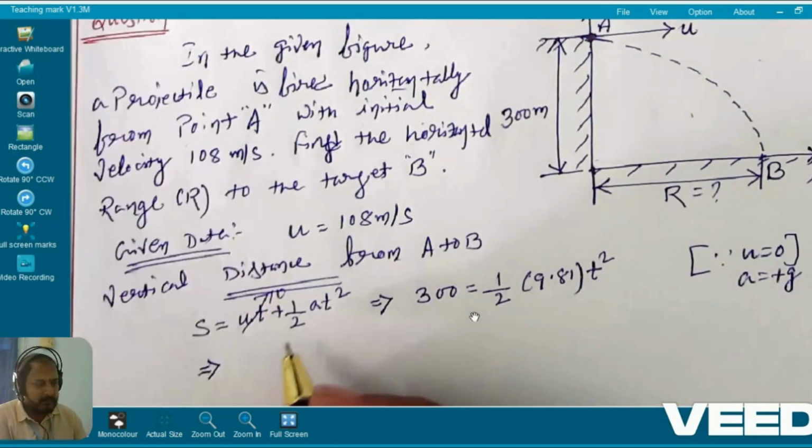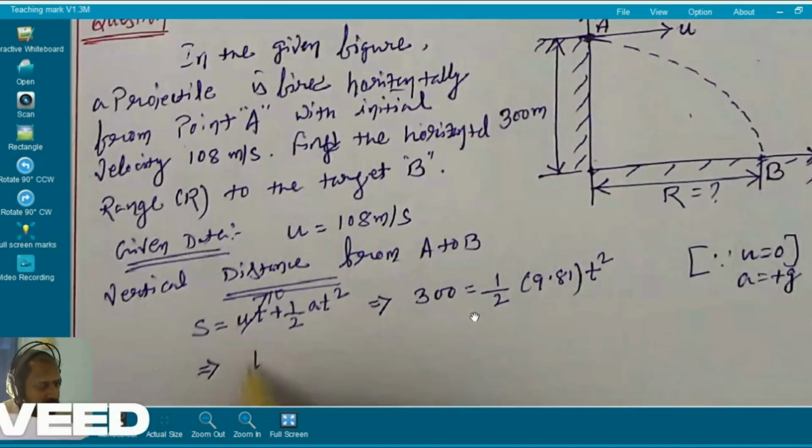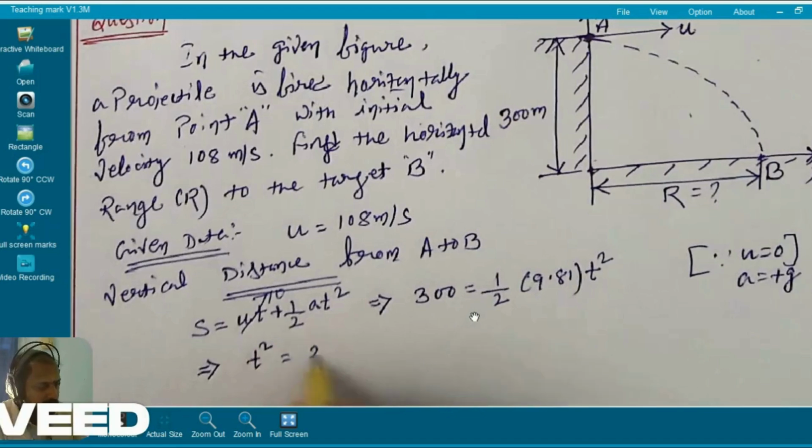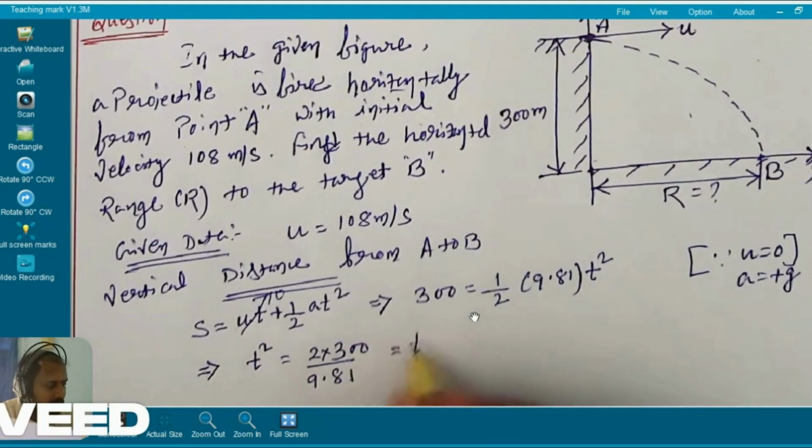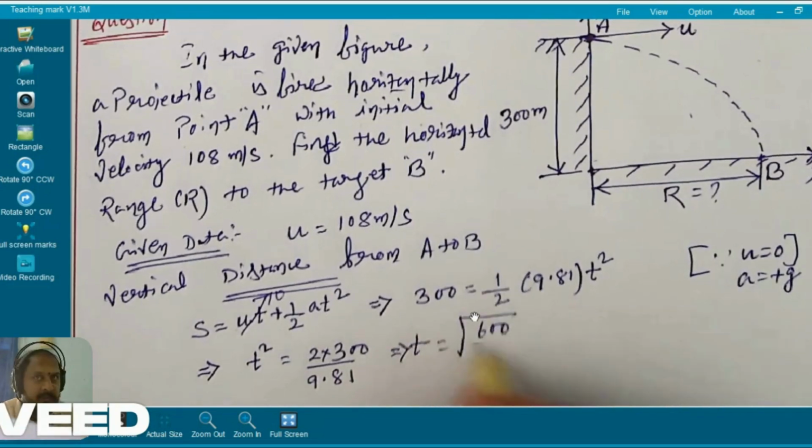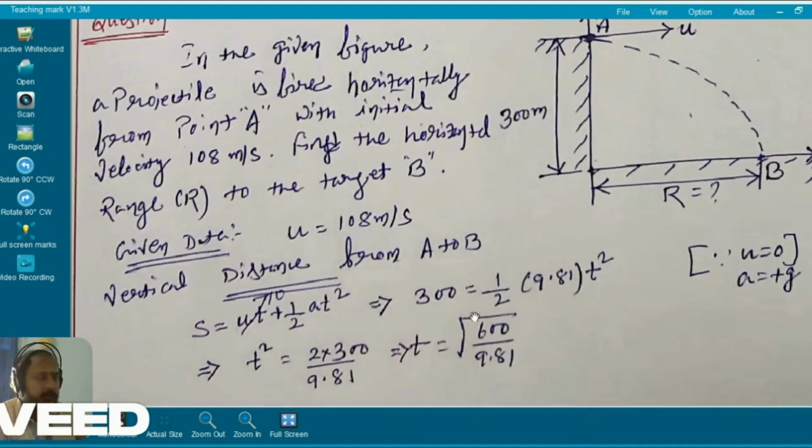Okay, so the time required, we can find out T square is equal to 2 into 300 by 9.81. So after solving, we will get T is equal to root over of 600 by 9.81.